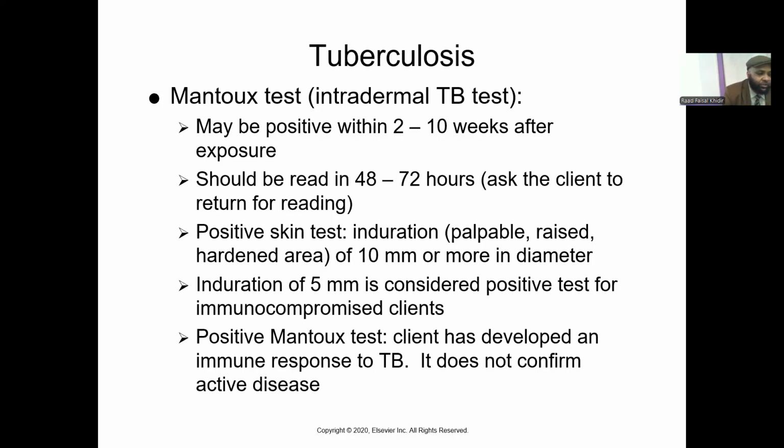An induration of 5 millimeters is considered a positive test for the immunocompromised. So usually for healthy normal people, 10 millimeters is the cutoff for the diagnosis of tuberculosis. But if you have an immunocompromised patient, then it takes much less than that to be diagnosed, and it drops from 10 to 5.